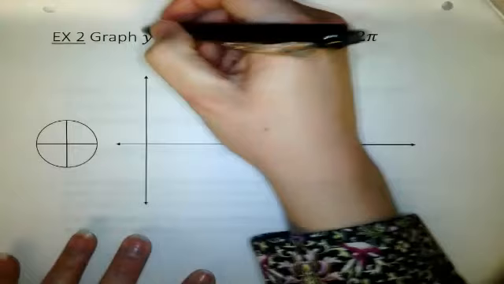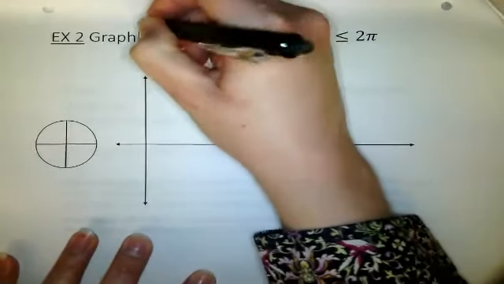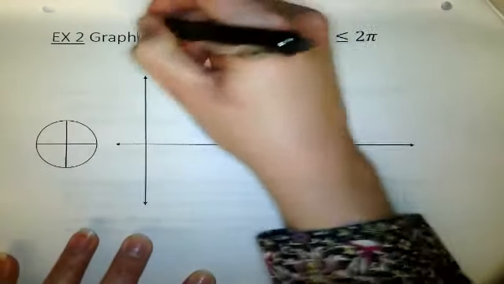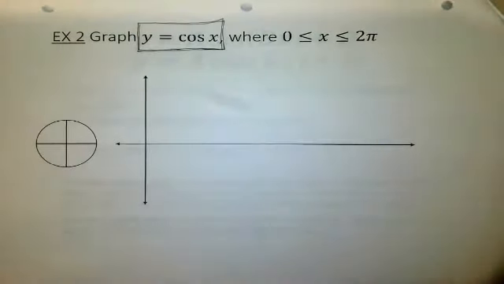So now we do cosine. So this is our y equals cosine of x graph. Same thing, all of this comes from our unit circle.